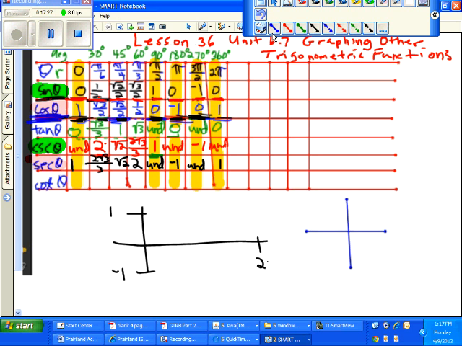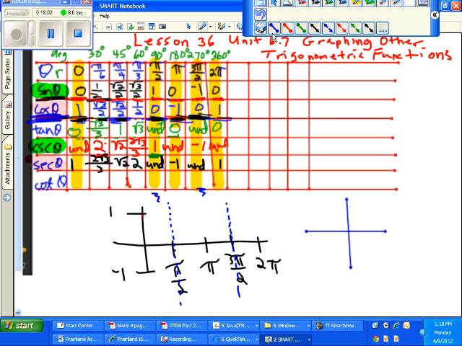And so we're going to have 2 pi, and then pi, and then half pi, and then 3 pi over 2, same as sine and cosine. We're going to put asymptotes where we got undefined. So we have an asymptote at pi over 2. We have another asymptote at 3 pi over 2.